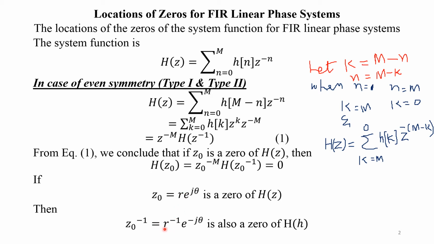So 1 over r can be represented as r power minus 1, and for the exponential, if it is in the denominator and you bring it to the numerator, the sign of the power changes, or if it is in the numerator and you bring it to the denominator, again its sign is changed. So we just get r power minus 1 e power minus j theta, and again this is also a zero.